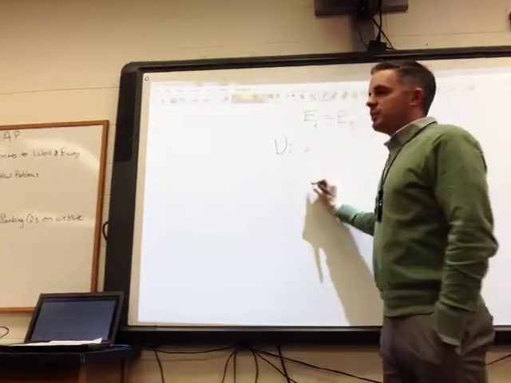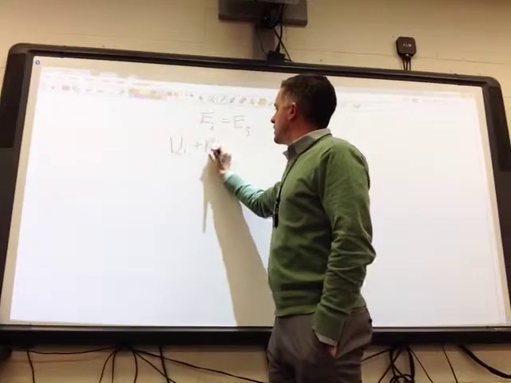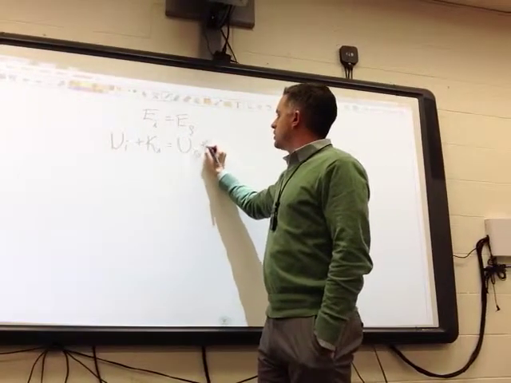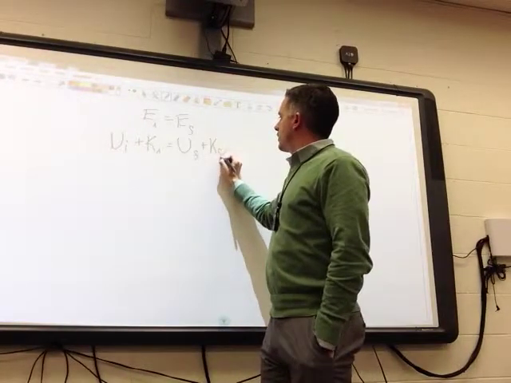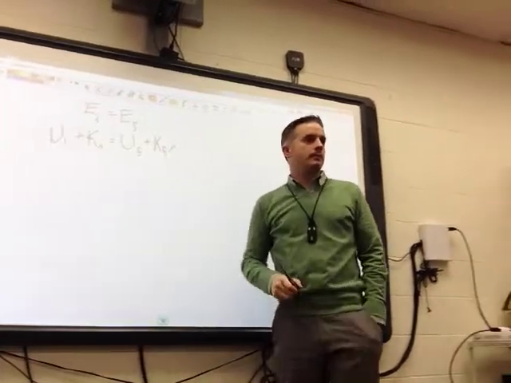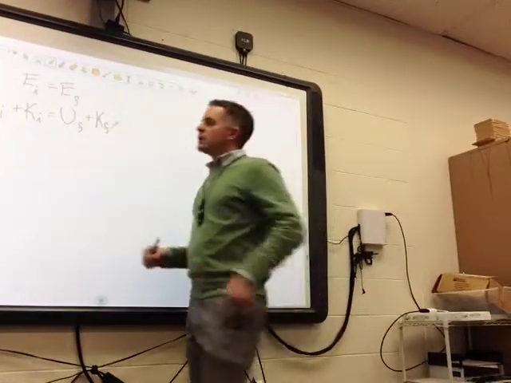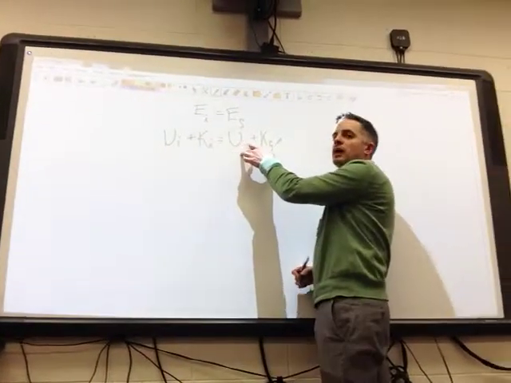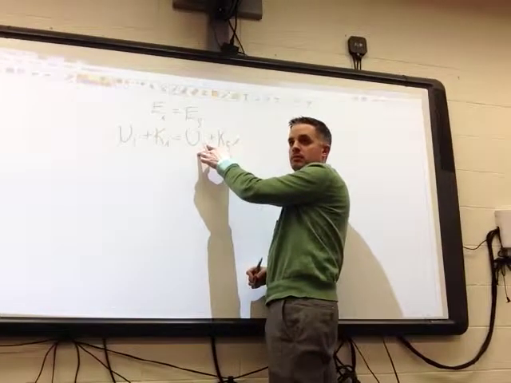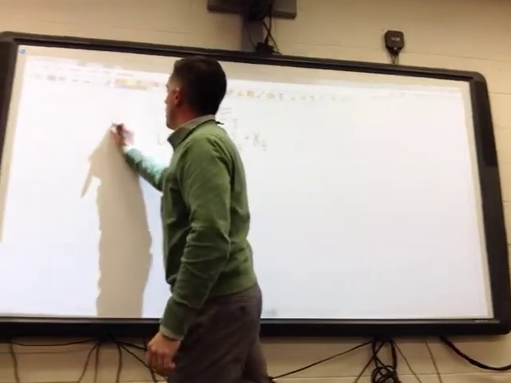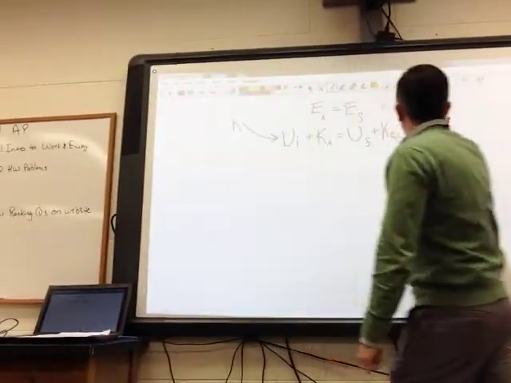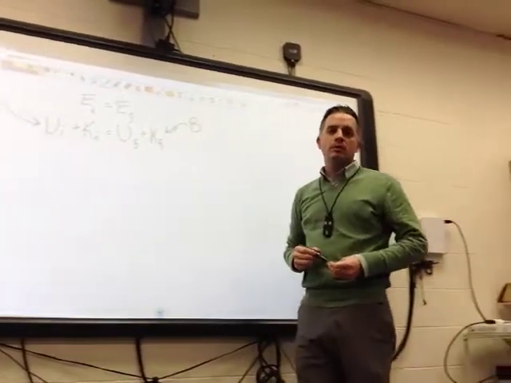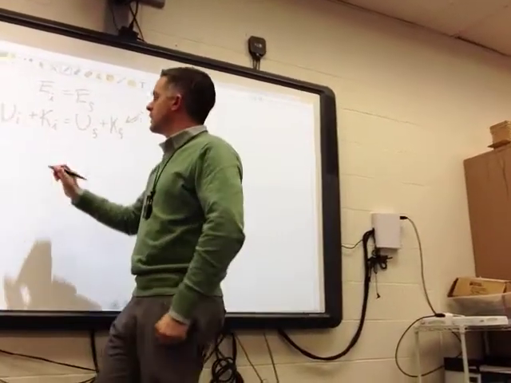The initial potential plus the initial kinetic has to equal the final potential plus the final kinetic. This is when we're at H, and this is when we're at B. Those are our initials and finals.